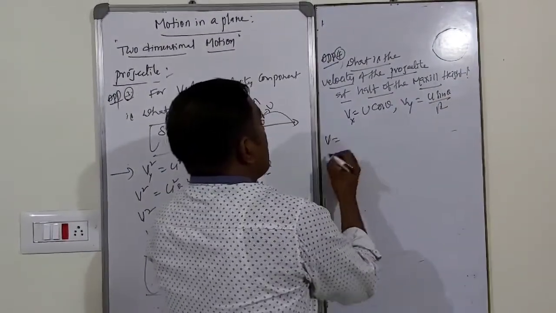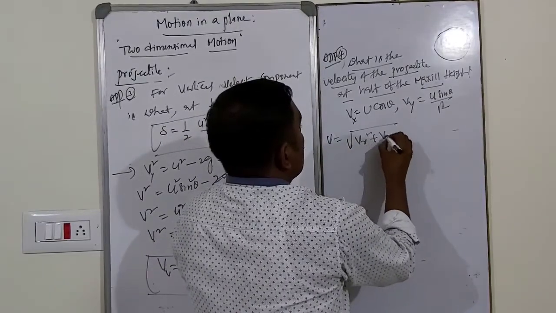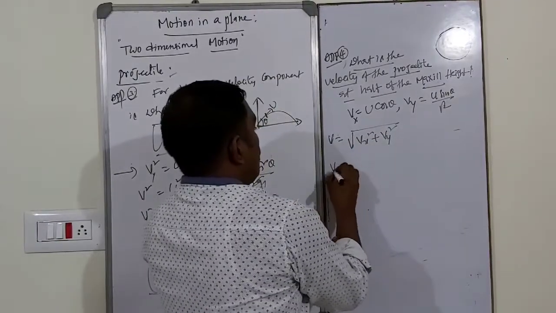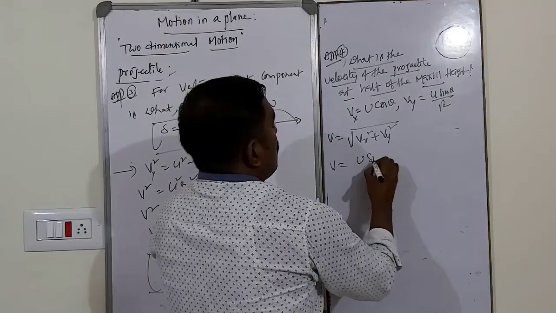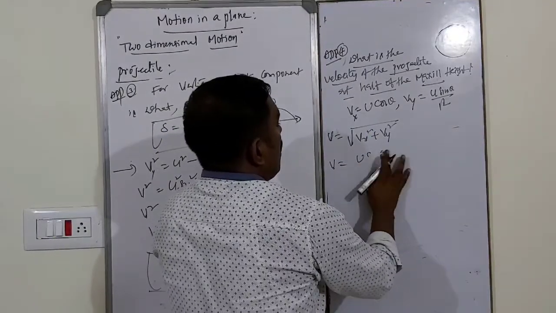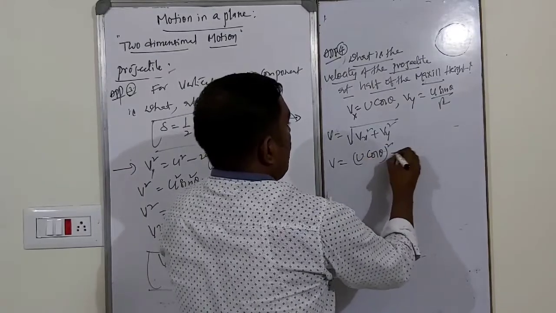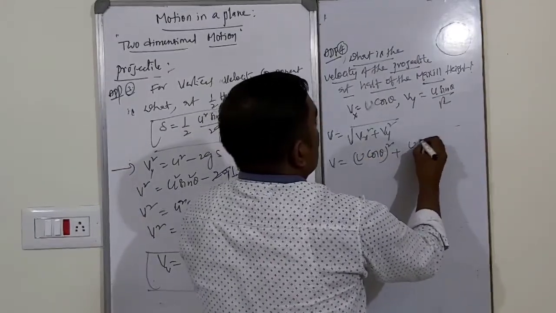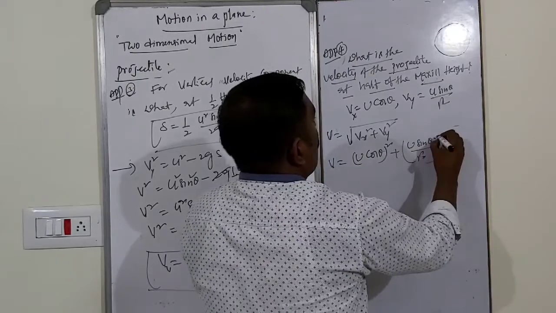Then the magnitude V is equal to the square root of vx square plus vy square. So V is equal to the square root of u cos theta whole square plus u sin theta by root 2 whole square.